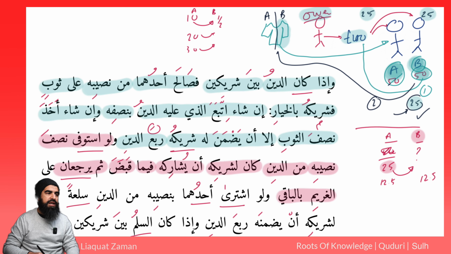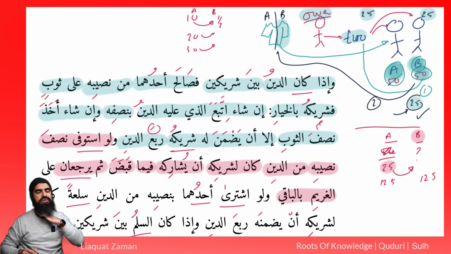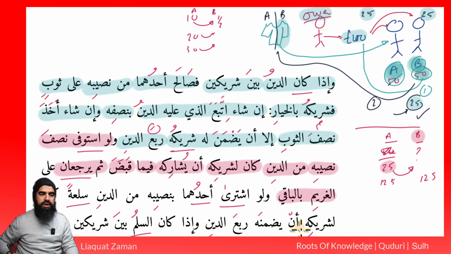Okay, now what if one of the two partners here, so we've got this masala over here where he's owed 100. Lo ishtara ahaduhuma, one of the two partners buys. So let's say A, for example, decides to buy with his share, which is 50, right? So he's owed 50, like over here.